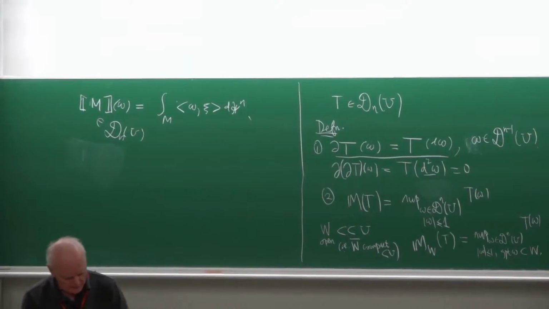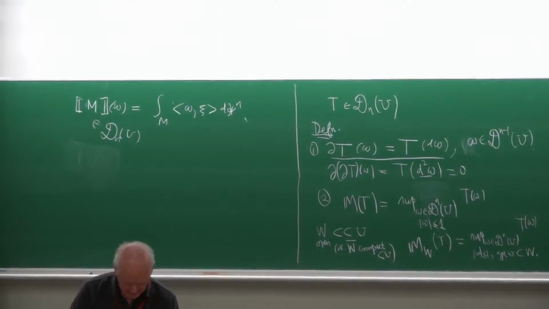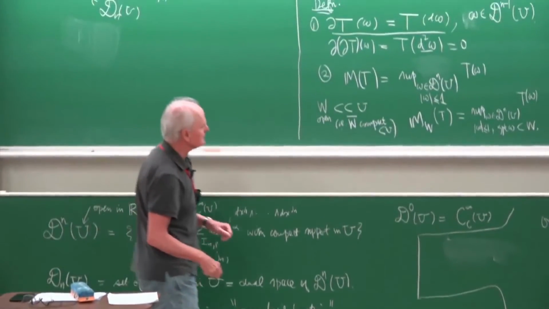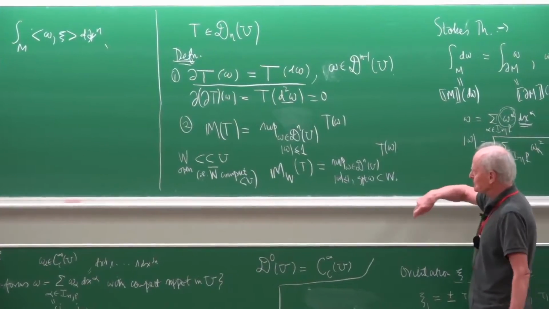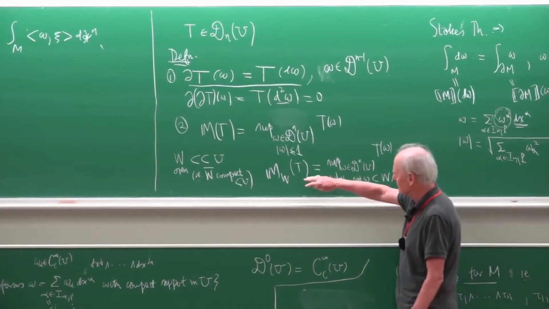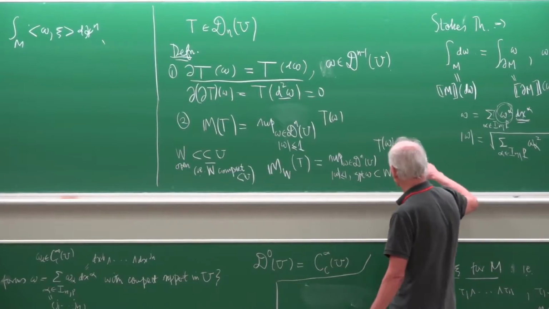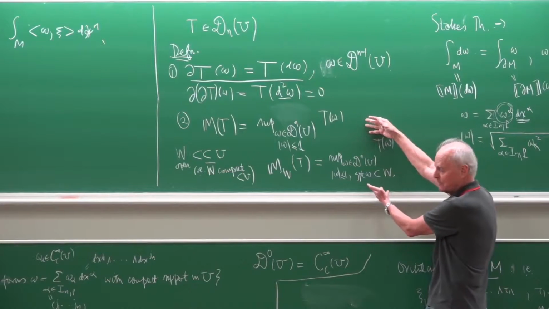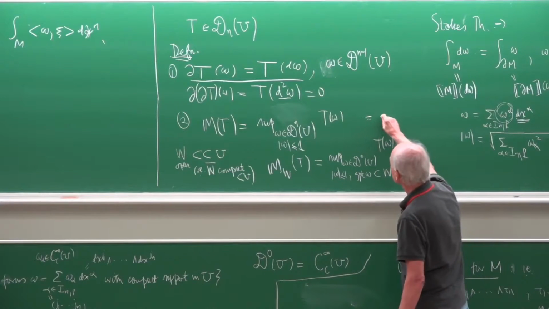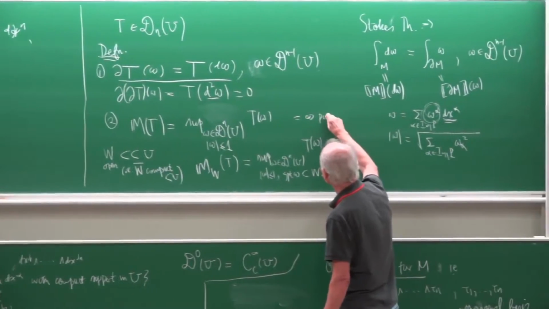So let's just investigate a little bit what this implies. This is the class of currents where, notice, these could be plus infinity, of course. That's in general possible.